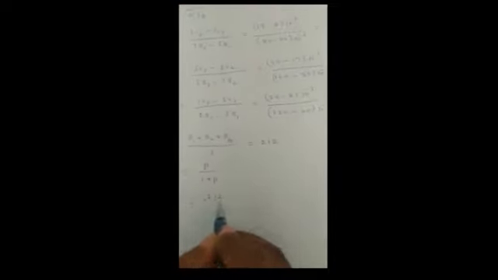This is equal to 212 by 1 plus 212. If you calculate, it becomes 0.99. So in this way, we can calculate the value of alpha. Now the average value of beta is 212 and the value of alpha is 0.99. Okay, thank you.